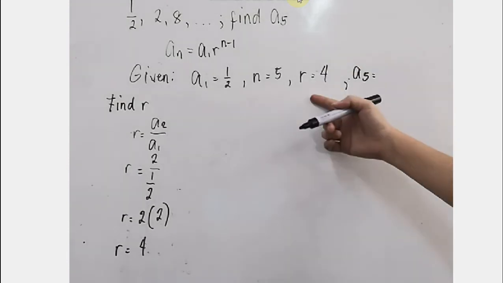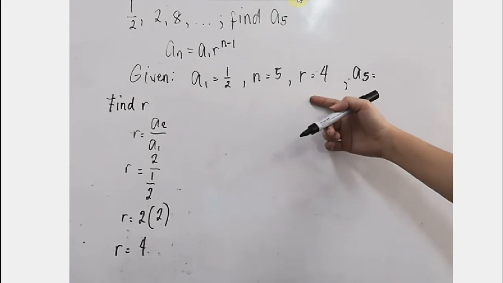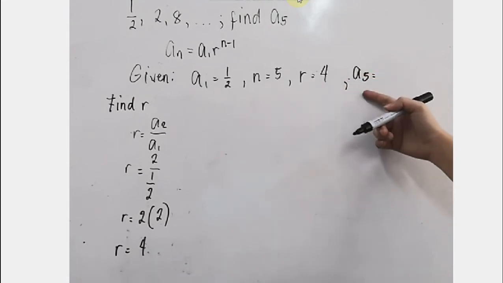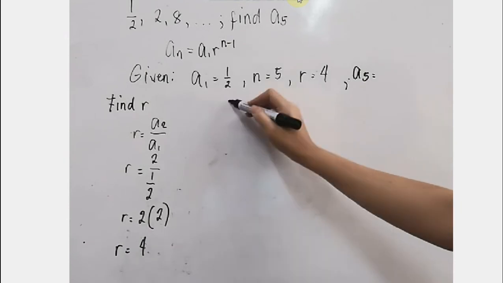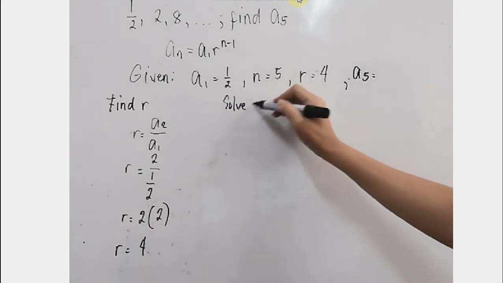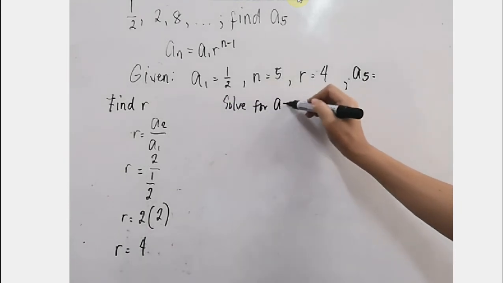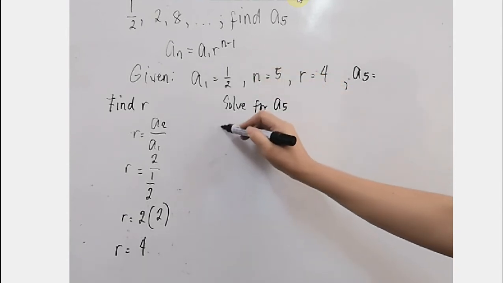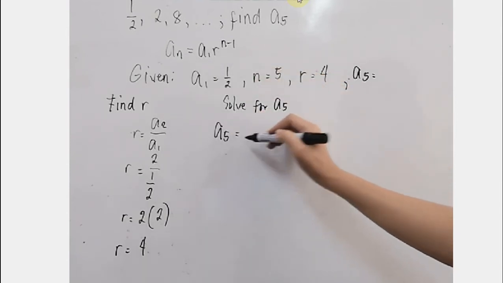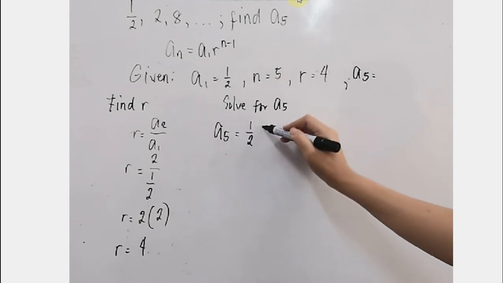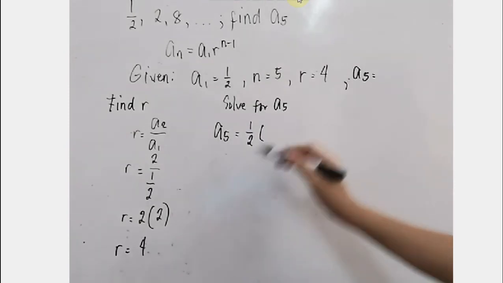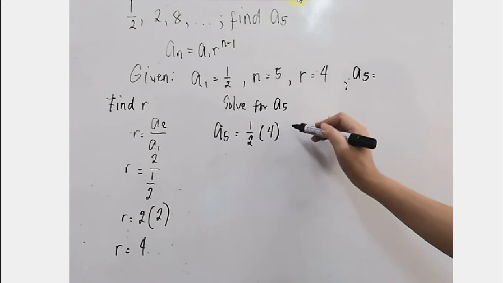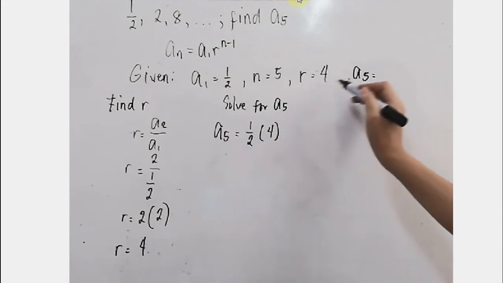Since meron na tayong common ratio, we are now able to find the fifth term of the given sequence. So, solve for a sub 5 or the fifth term using the formula. So, we have a sub 5 is equal to 1/2 times, what is our r? Alright, it is 4 raised to the power of n minus 1.